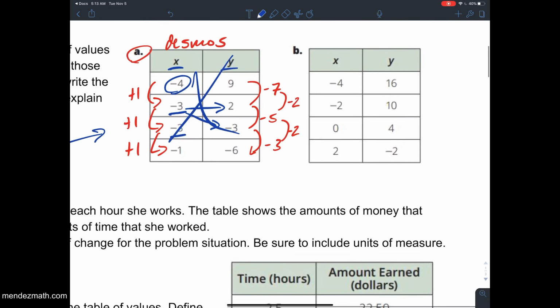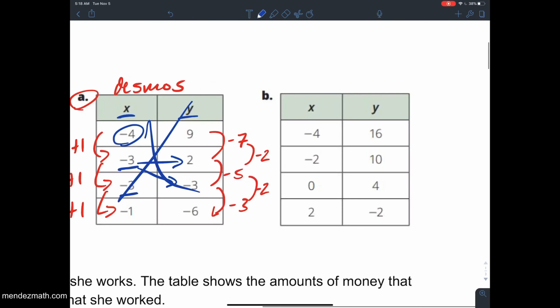Okay? Look at the second one. You're looking for your slope, m, and your y-intercept, b. Okay, we know slope is rise over run, which is the change in y over the change in x. Okay, so let's look at the change in y.